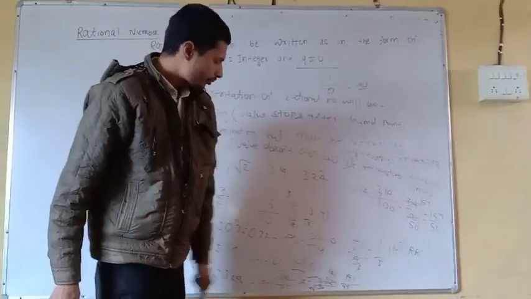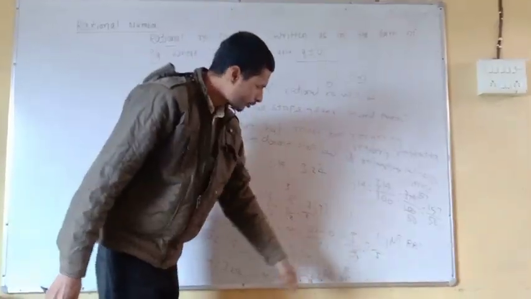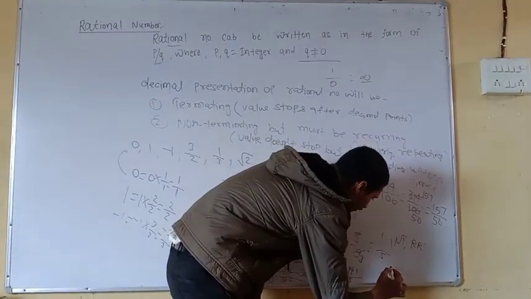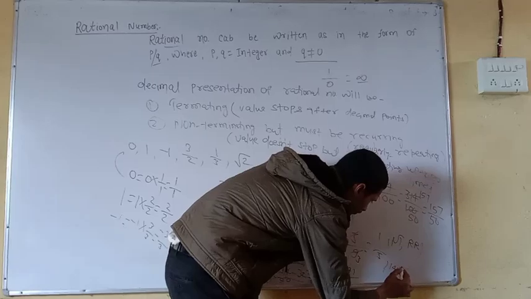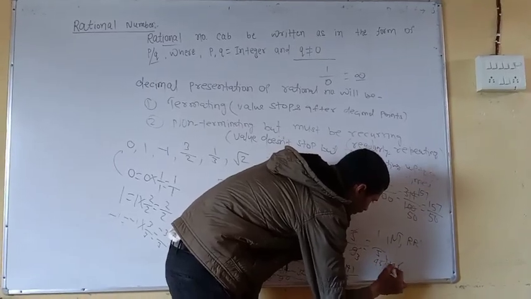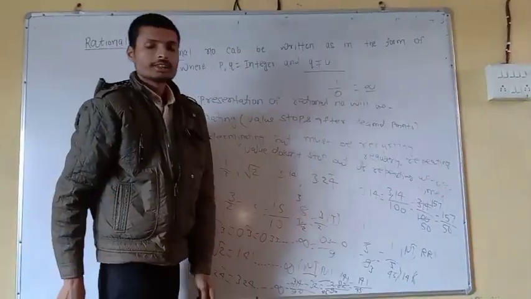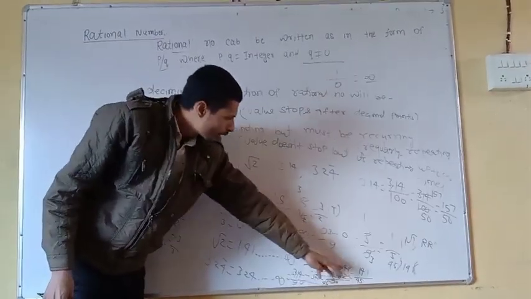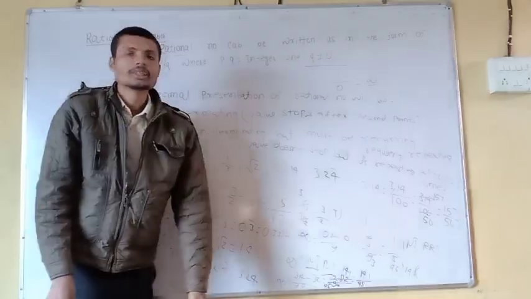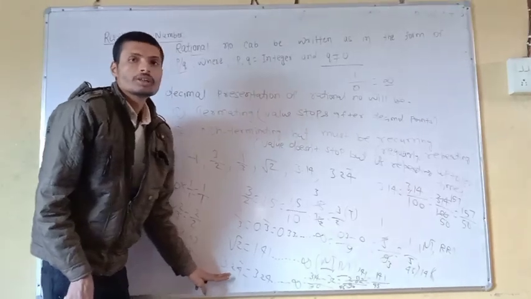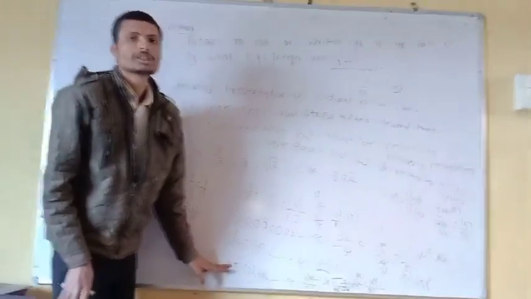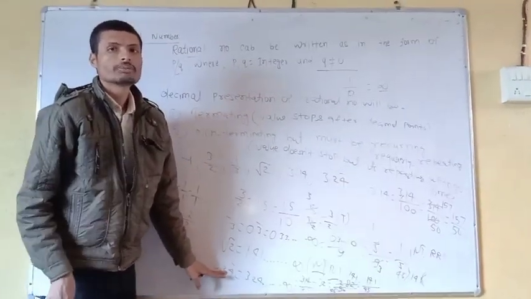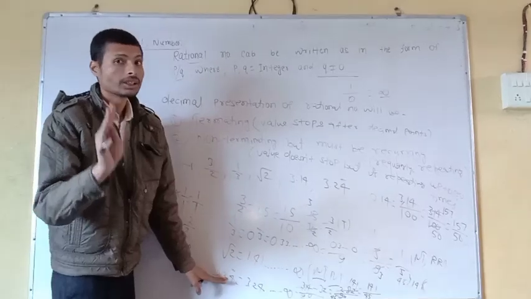This will be easy. When we divide 141 upon 45, if you want to verify it, you can just verify it. You will get a number whose decimal expansion is non-terminating but regularly repeating.